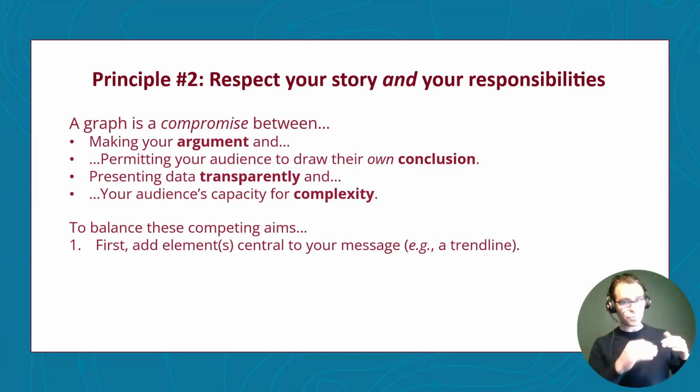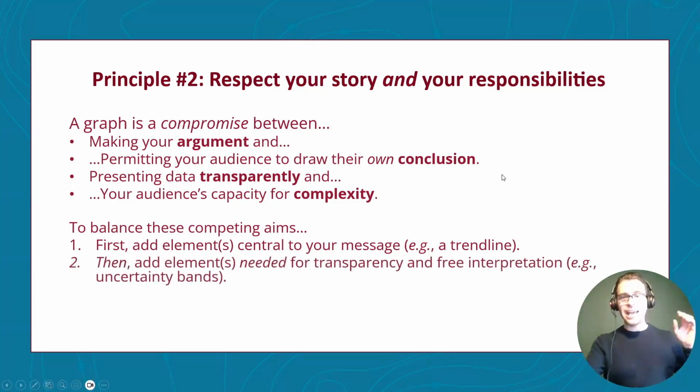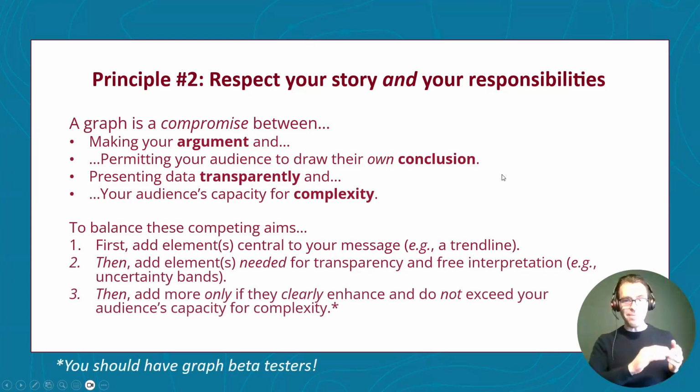From there, we are only going to add additional elements to this graph if they somehow add to that transparency, to that interpretation, or to our message, and they don't exceed our audience's capacity for complexity.